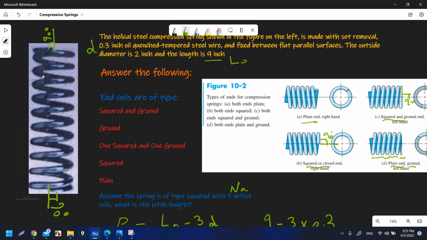So this one is squared, the first thing. So this multiple choice is wrong because I don't have squared. This one also is wrong.